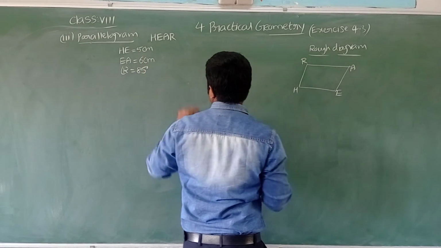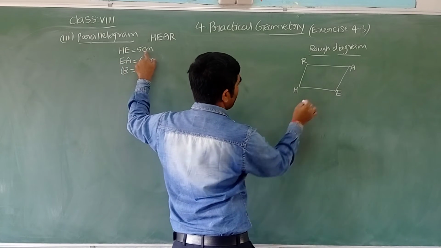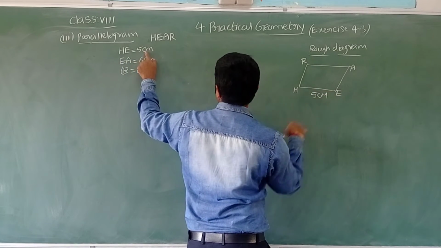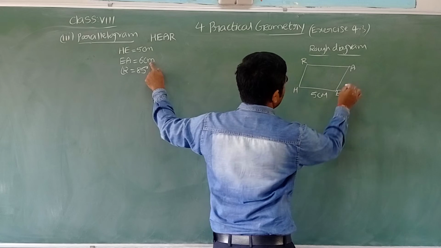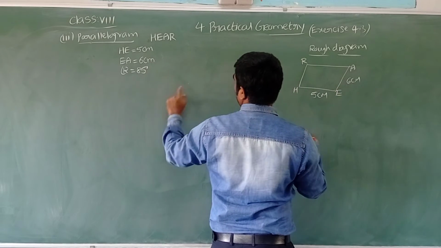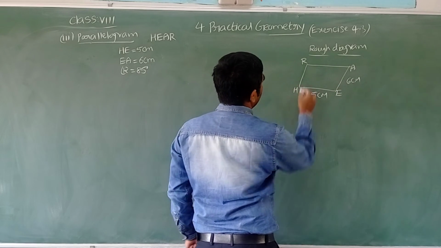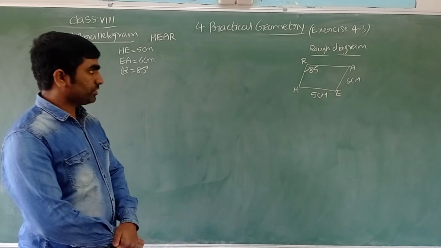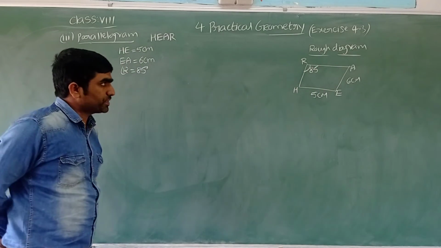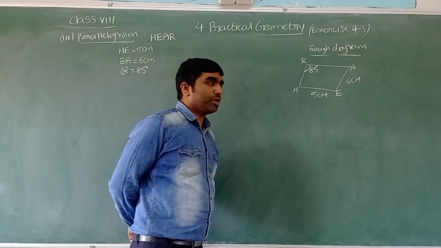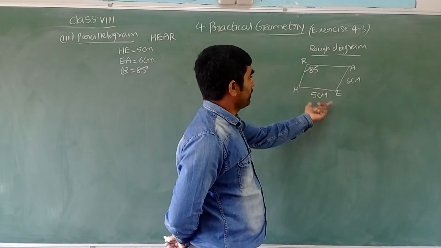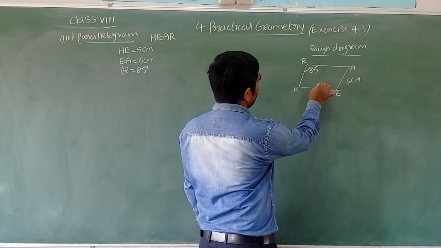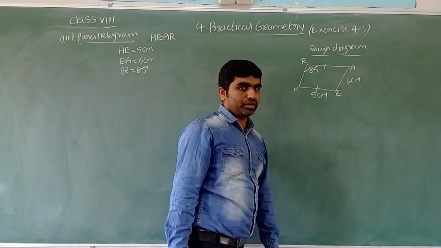Now in this parallelogram here, they said HE is equal to 5 centimeters, EA is equal to 6 centimeters, and the angle R is 85 degrees. It is a special type of quadrilateral. We know the properties of this parallelogram. What properties do we know? Opposite sides are equal.